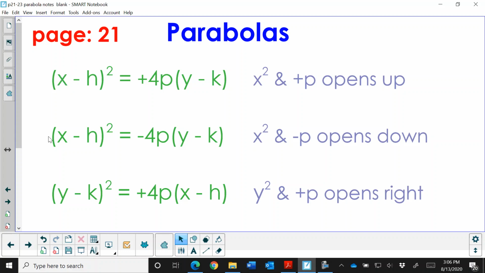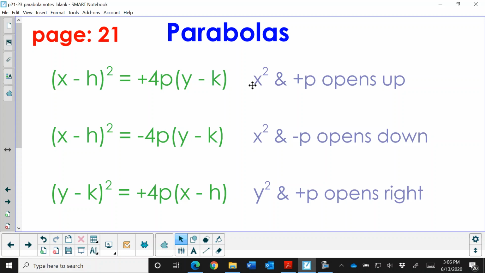Okay, the first 2 have the (x minus h) quantity squared first. Both are equal to, and the first one is a positive 4p, and then (y minus k). The second one is just a negative 4p times (y minus k).